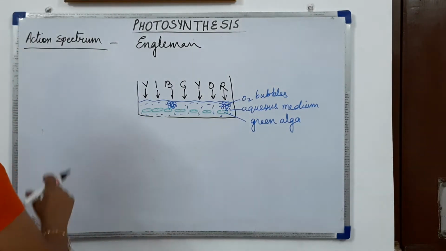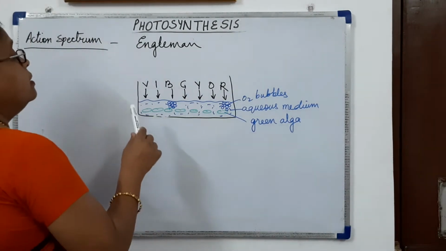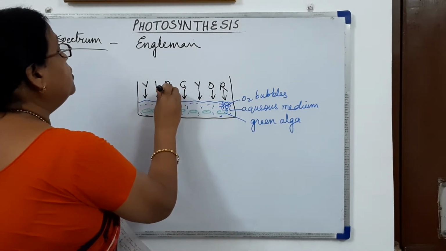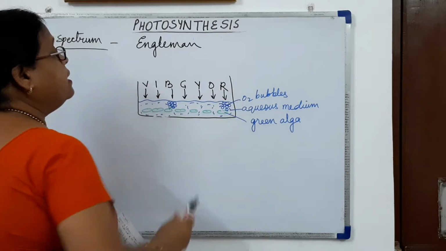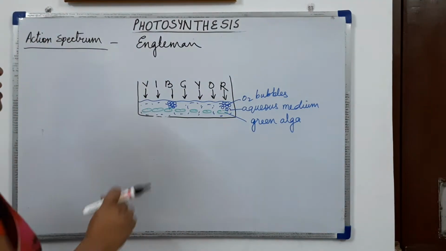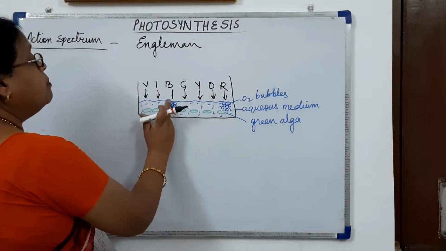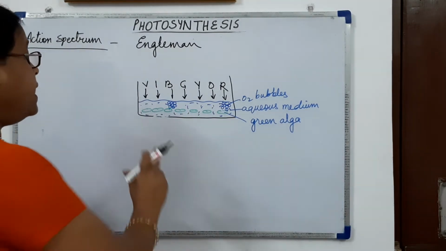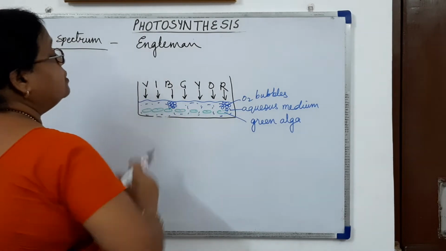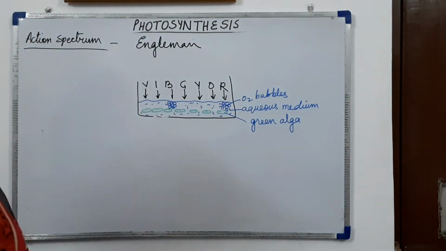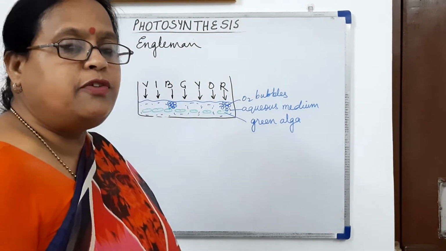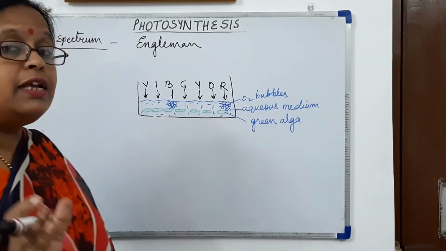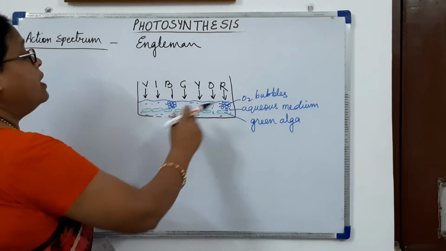What he observed was that in the wavelengths of blue light and red light there were maximum bubbles coming from the alga, whereas in the other wavelengths of light the bubbles were not that many. Very few bubbles or no bubbles were coming in this region.